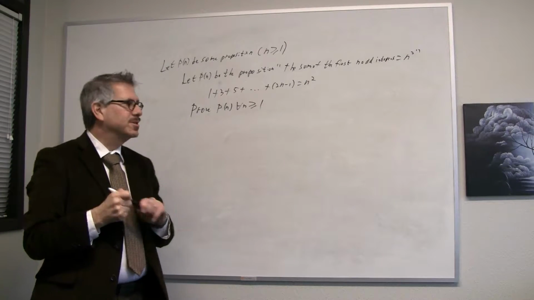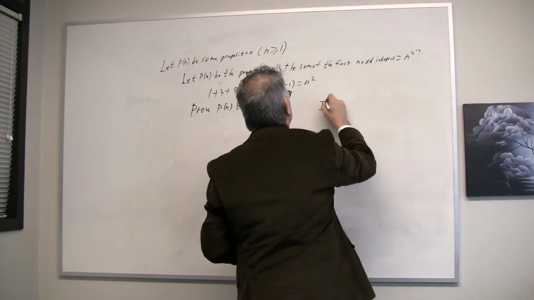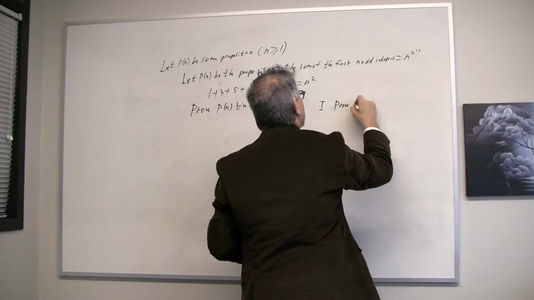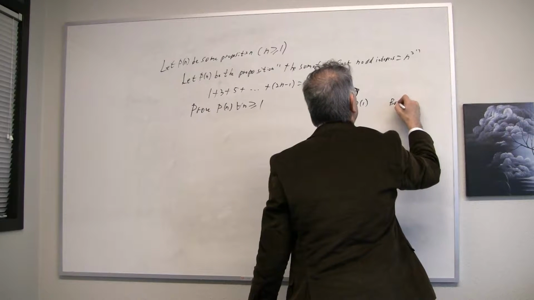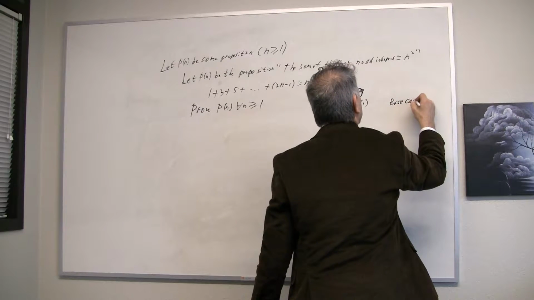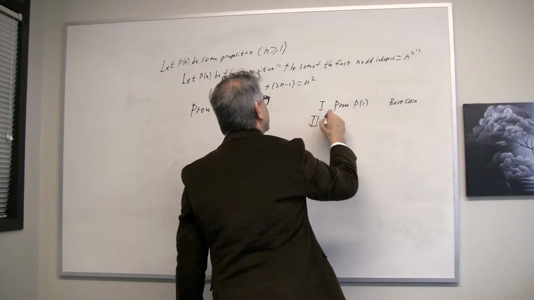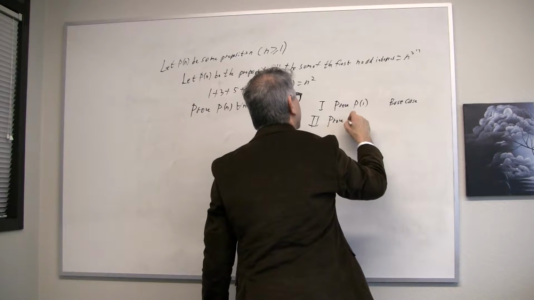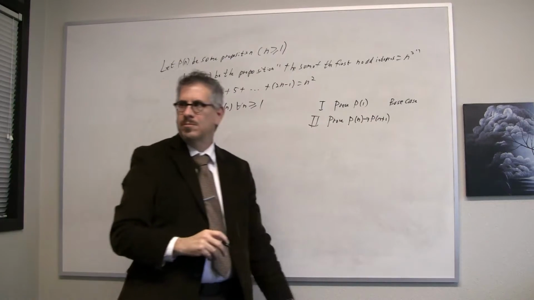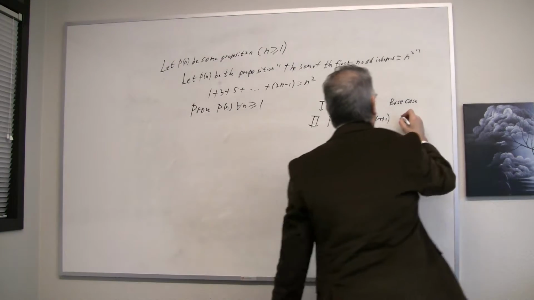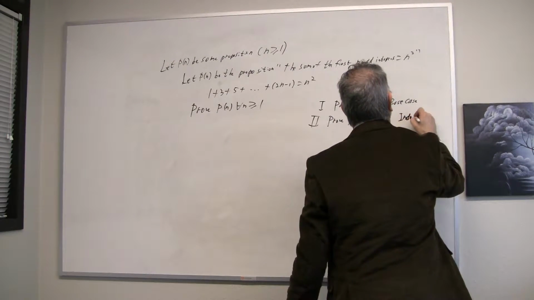Alright, here's what we can do. Step 1, prove P of 1 is true. This we call the base case. Step 2, prove that P of n implies P of n plus 1. That's called the inductive step.